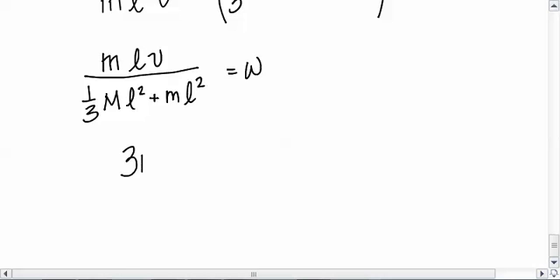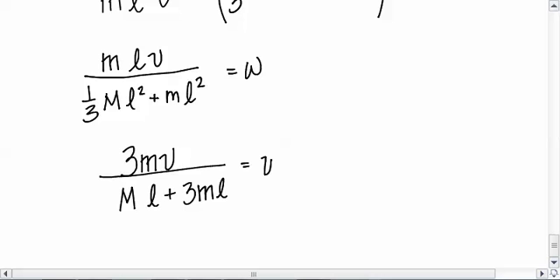Would it be 3mv over (M L plus 3 m L)? Would that be a nice simplified answer? Do you have to simplify it? Not for the purposes of AP Physics C, you don't have to simplify it down. Any questions about that?